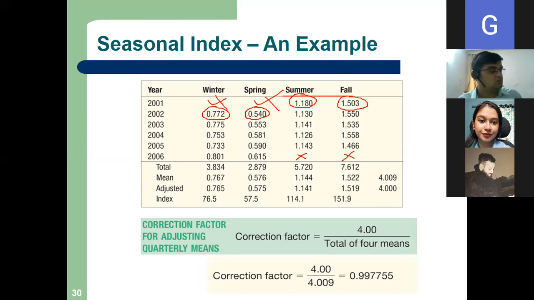So what to do? There is some way. We will do something, right? See, now for 2001, so now see winter. See only this column. Winter, I have not got this for 2001, but I have the data for 2002, 2003, 2004, 5, 6, so I have the index for 5 years.